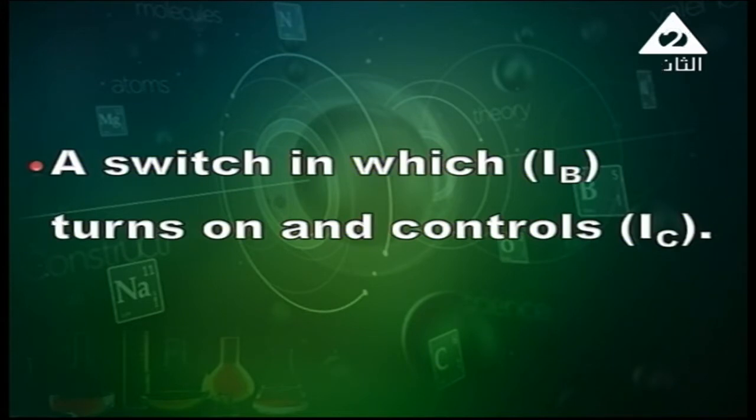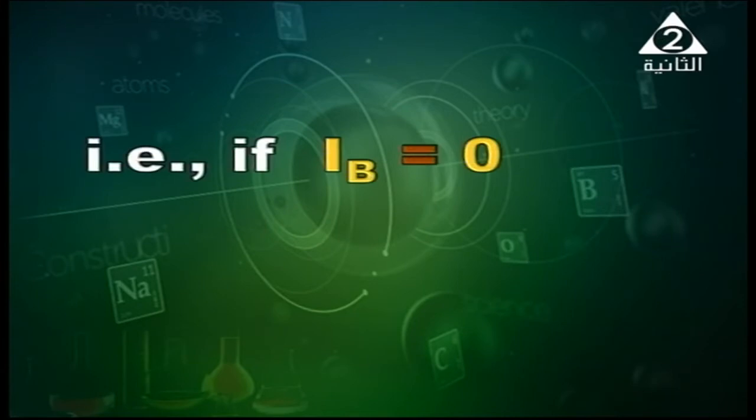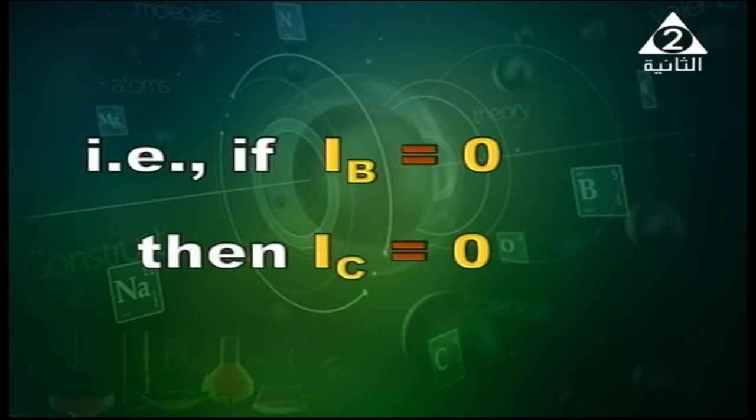So the first function of the transistor is that it acts as a switch. If base current equals 0, then collector current will be 0. Once again, base current controls the collector current.